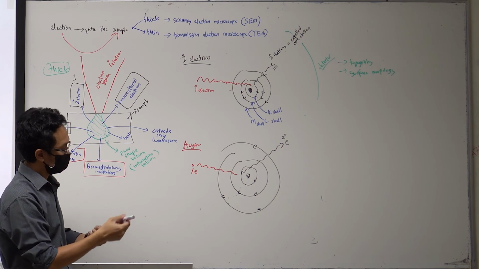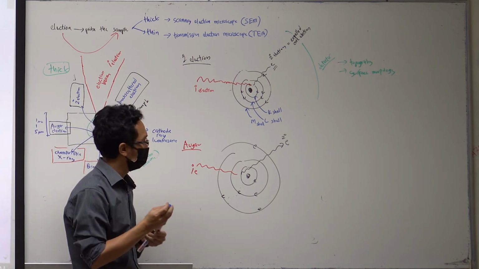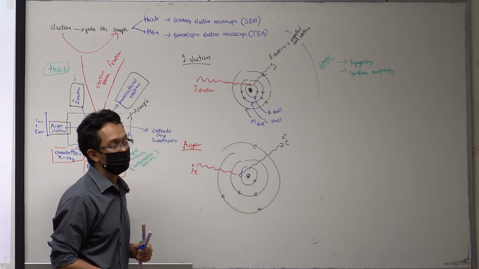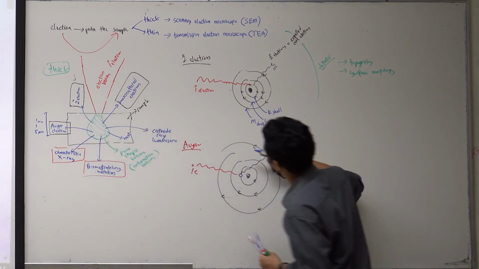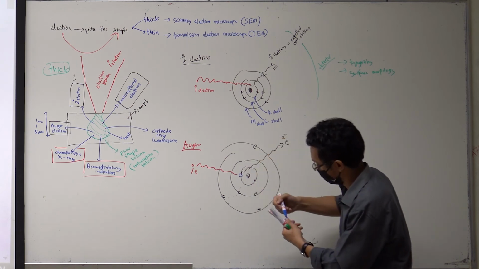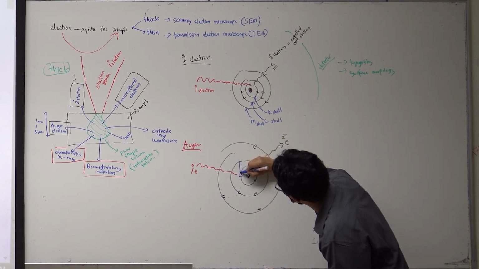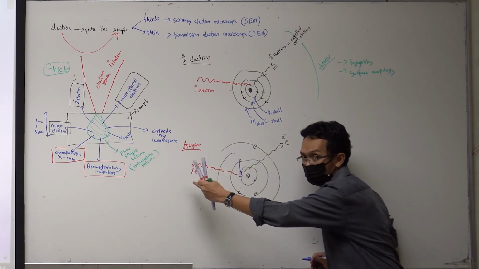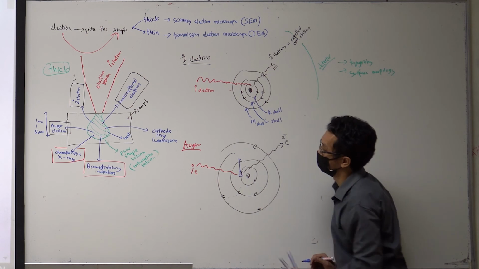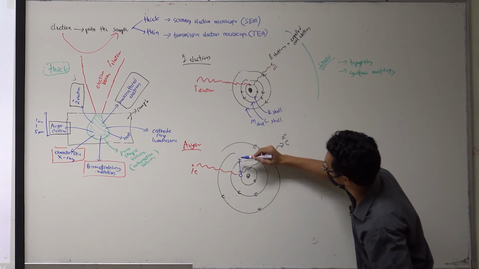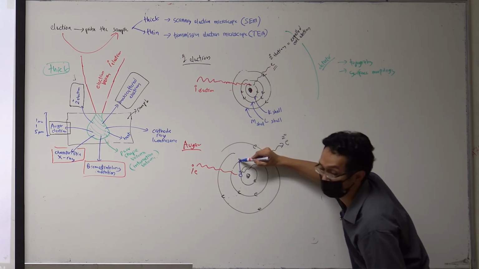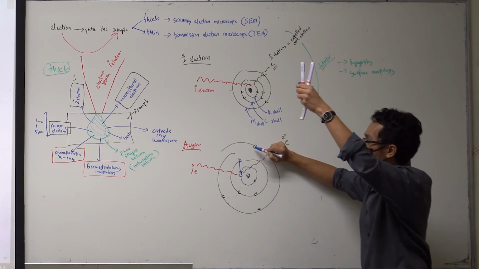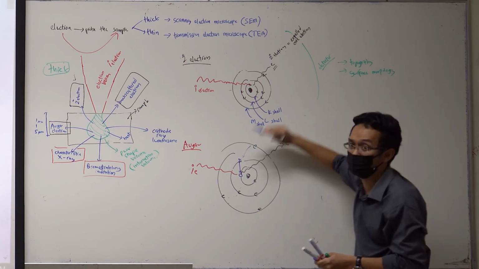So what happened when you expel, as we learned before, it leaves an empty space here, and then the electron from the higher shell will go down. The electron from here will go down here, and we know this will create the characteristic X-ray. When it goes down, this also becomes empty, and then the electron from the next energy level will go down here, and so on.